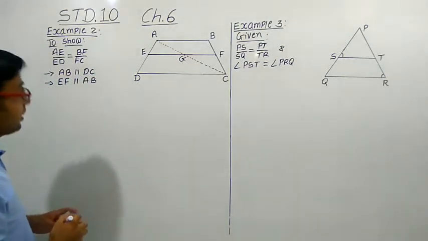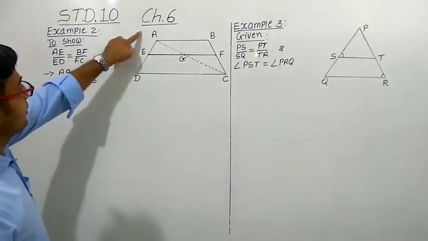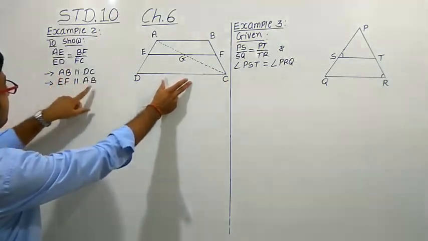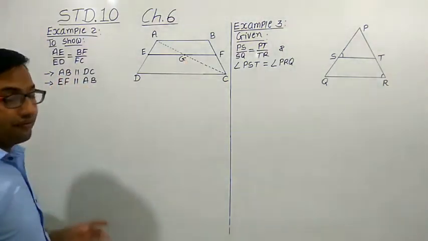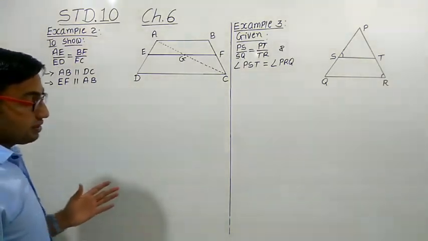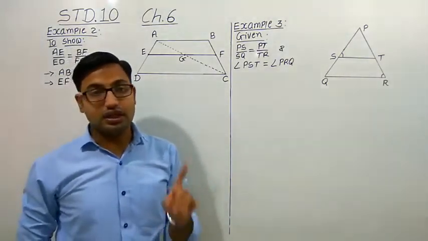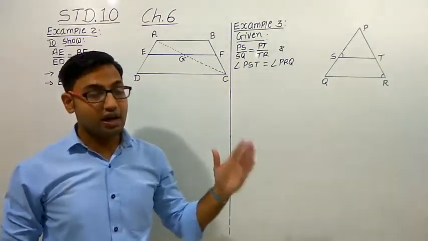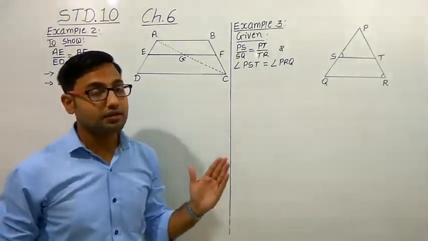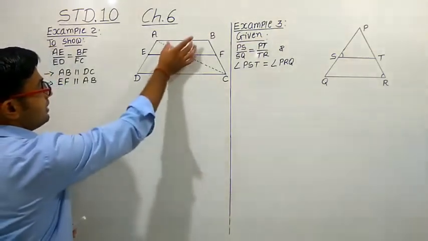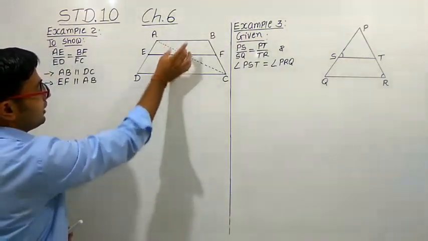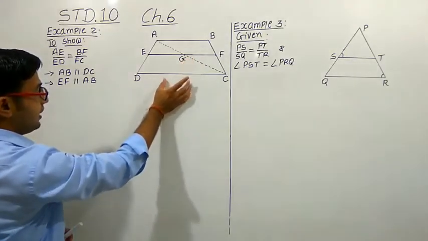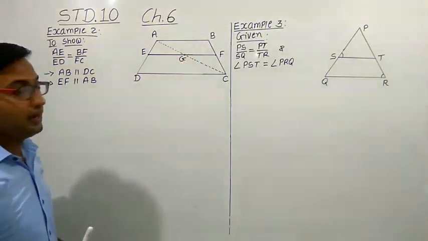Now see, AB is parallel to both the sides. AB is parallel to DC and AB is also parallel to EF. So the theorem that we have studied in standard 9 says that lines which are parallel to the same line are parallel to each other. That means if AB is parallel to DC and AB is also parallel to EF, then EF and DC are also parallel.